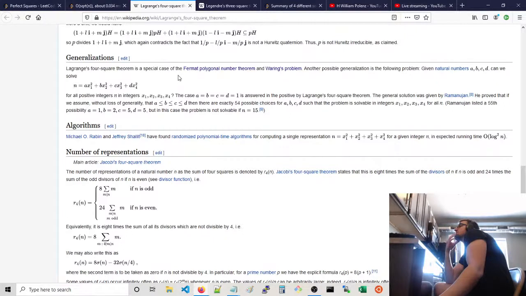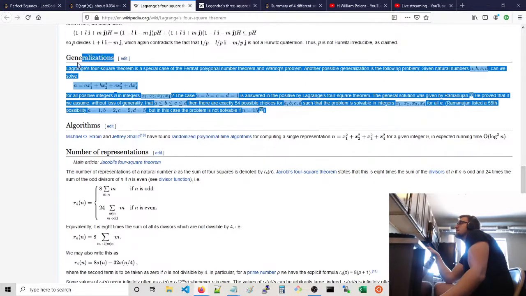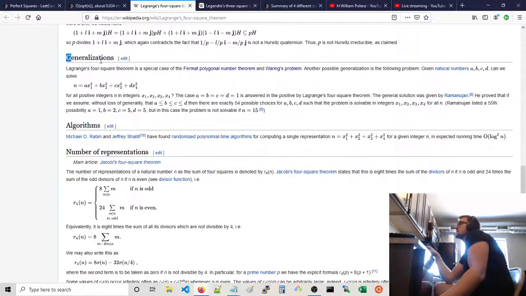Four-square theorem, special case. General solution by Ramanujan. Generalizations.